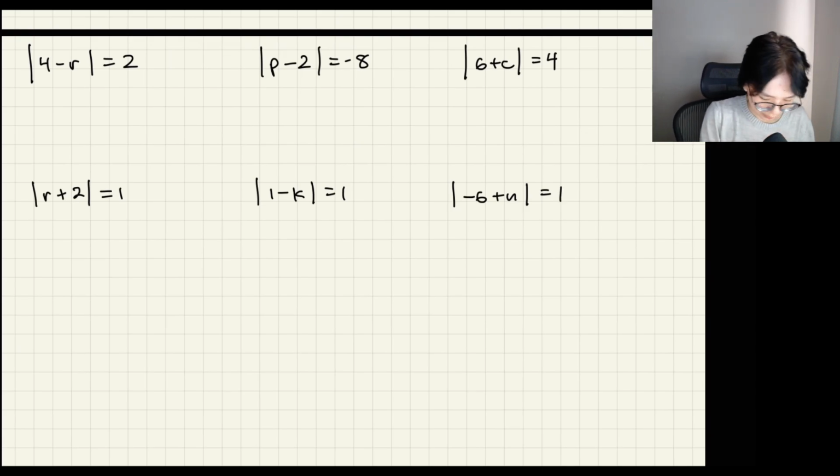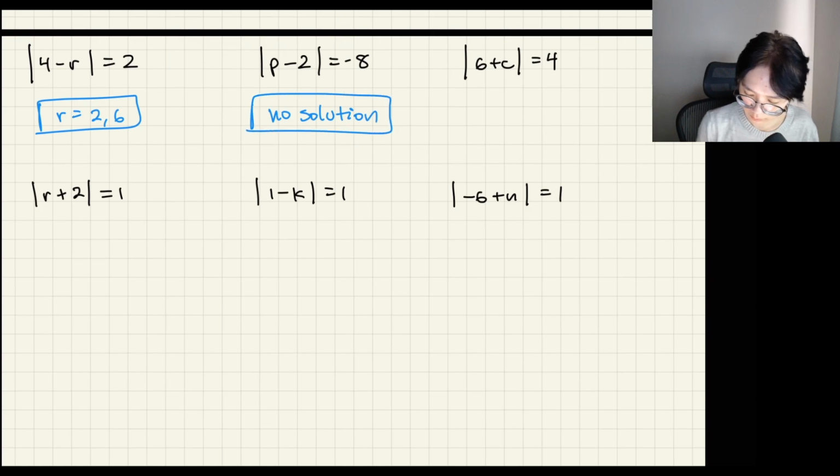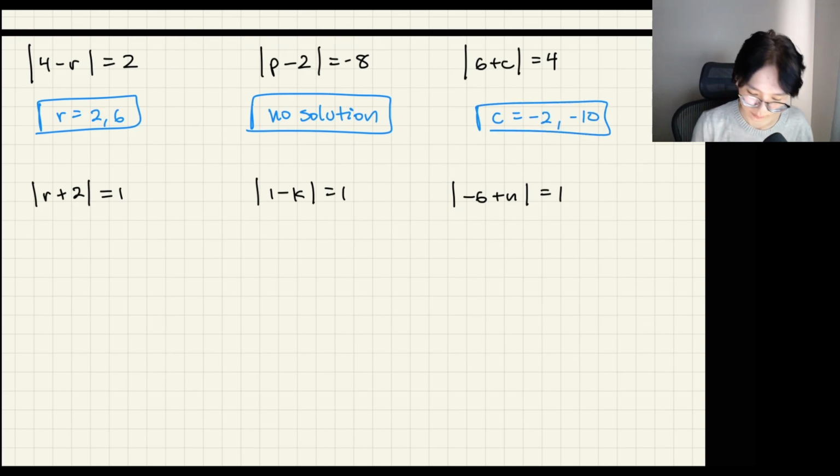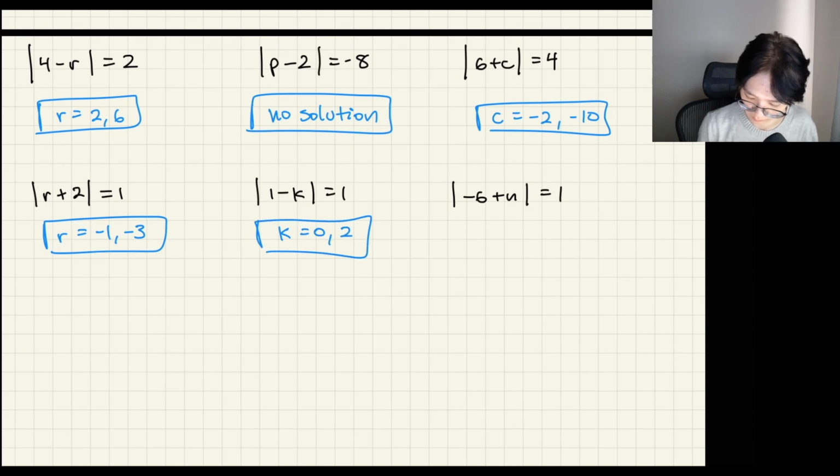So, this one, r equals 2, comma 6. This one you might have already noticed: no solution. And this one, c is equal to negative 2, comma negative 10. R is equal to negative 1, comma negative 3. K is equal to 0, comma 2. And n is equal to 7, comma 5.